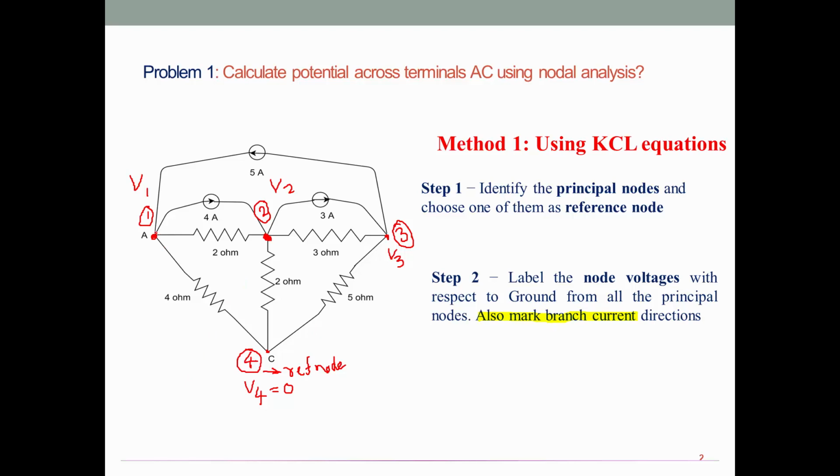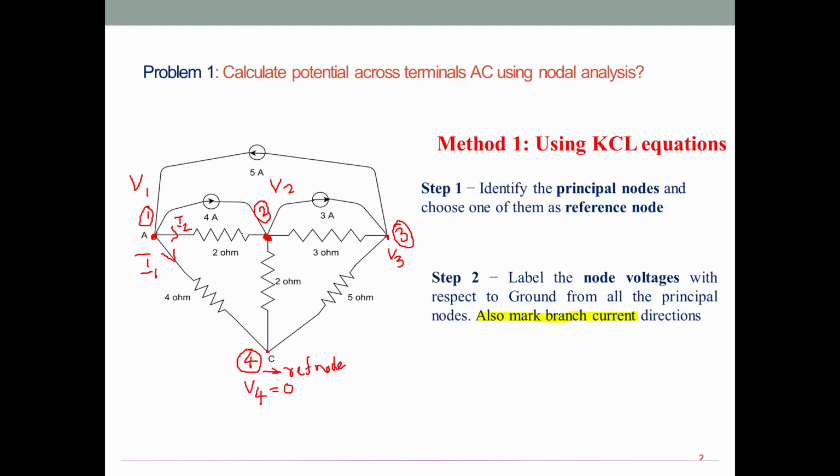So coming to node number 1, we have 4 different branches connected together. So let's mark branch current direction for the 4 ohm resistor downward, I1, randomly. Similarly for the 2 ohm resistor, randomly I2, and for 4 amps and 5 amps the current direction is already marked, so no need to bother about that.